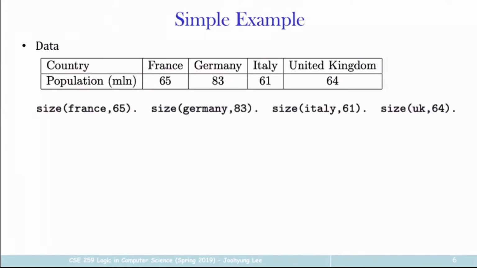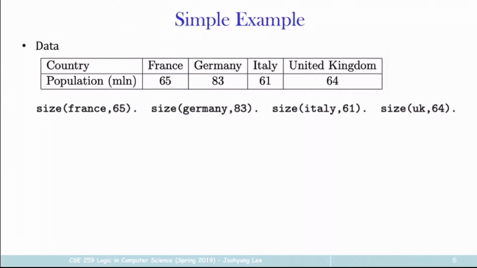So how do we do this in Clingo? The table can be viewed as a set of facts, similar to propositional logic, where we can assign truth values to atoms. Here, size(France, 65) is an atomic unit that we assign true or false. When you write this, it means it's true: the size of France is 65 million.